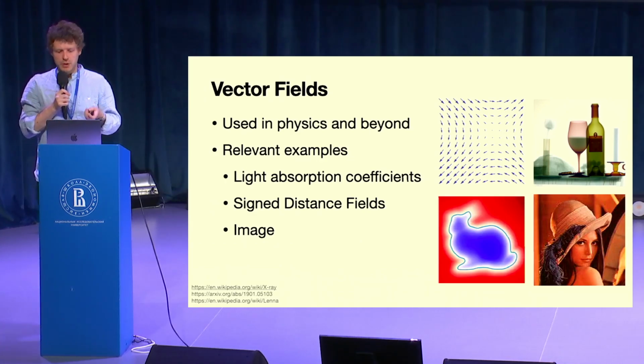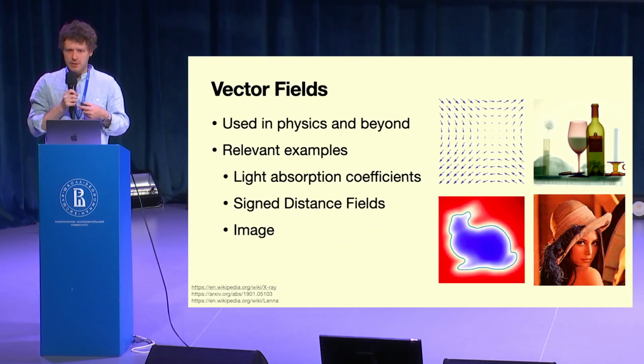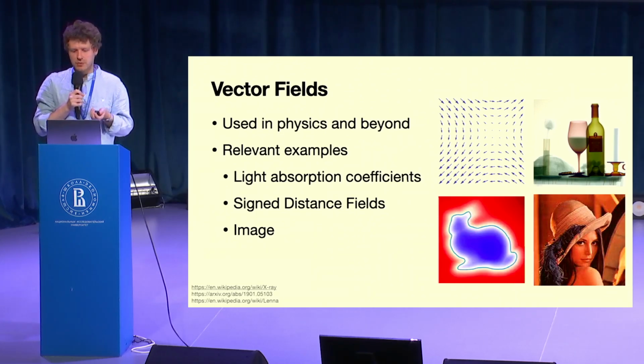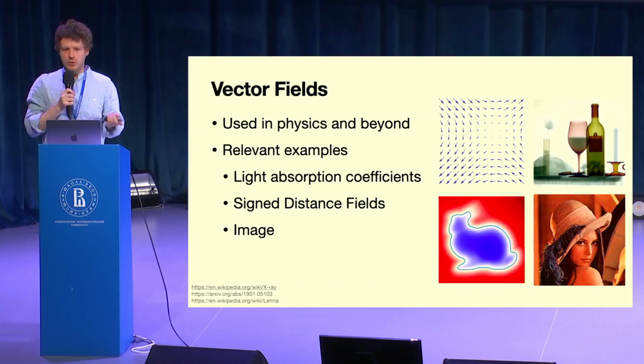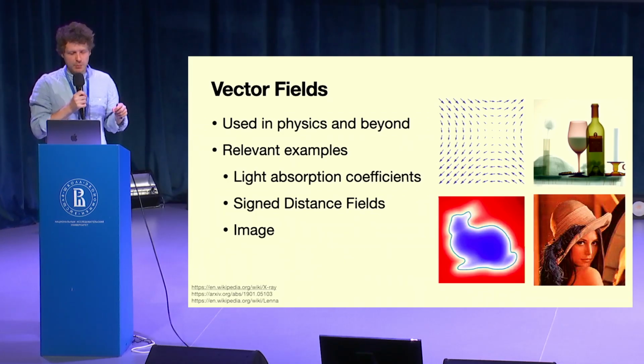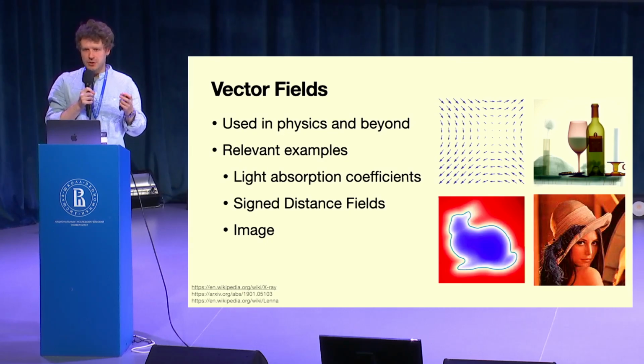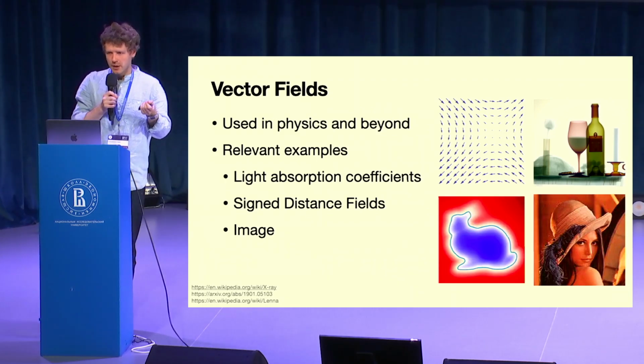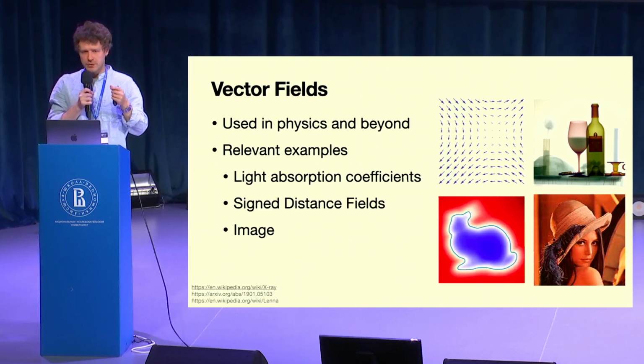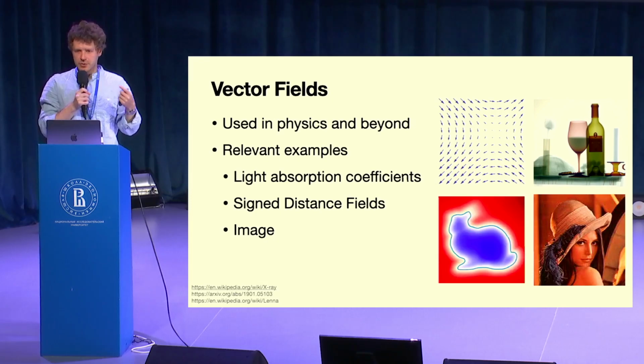Another way of thinking about images is thinking about it as a vector field, where your input space is planar, rectangular, is a box, and you query a point in this box, and you return the color of this point in the image. So this is a vector field that is defined over a plane, and it returns a 3D vector, which represents 3 colors in the image.